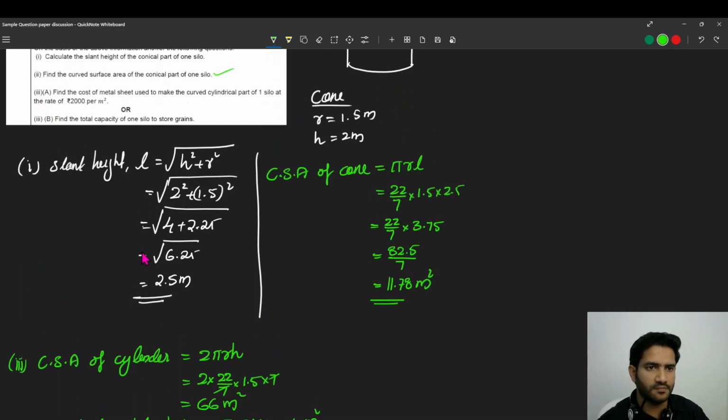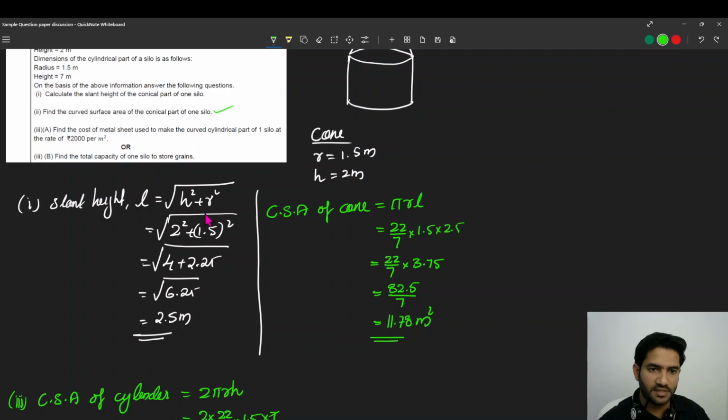Now we have the third one. Find the total capacity of this silo to store grain.